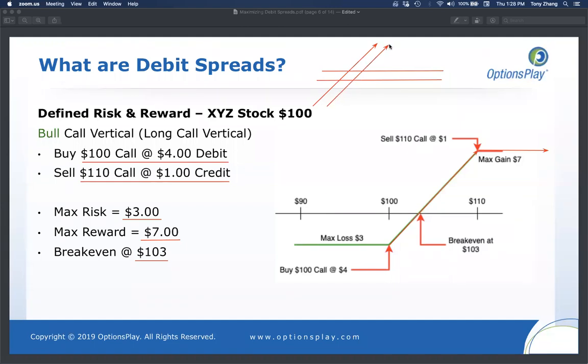And if it reaches 110, I'll actually make a higher return. The only time that a debit spread underperforms is if you get this astronomical move up to, let's say, 115. Now you've capped your gains and you're not able to take advantage of that. But if you do this correctly and you sell a strike price that's far enough away, the chances of that happening are relatively low.